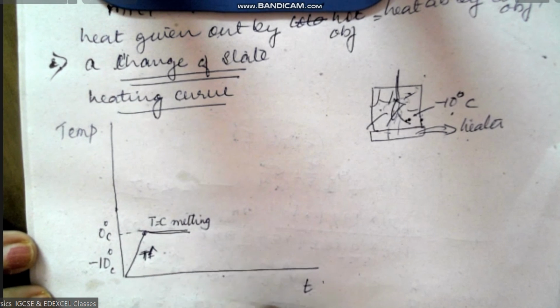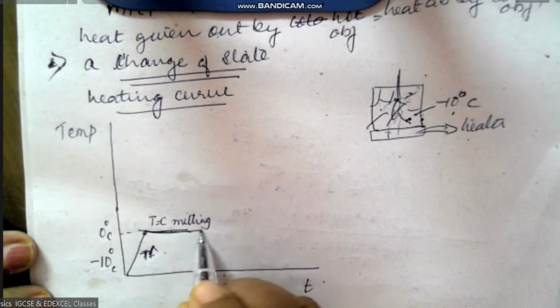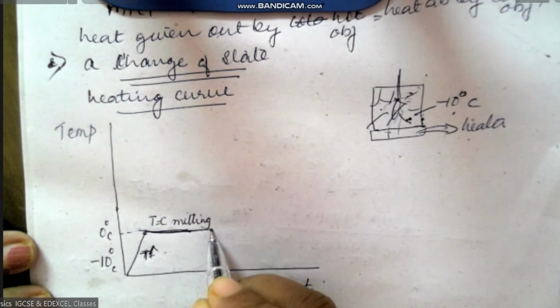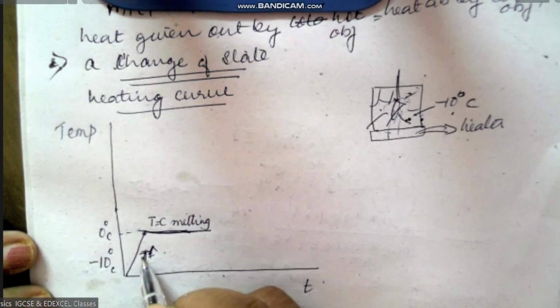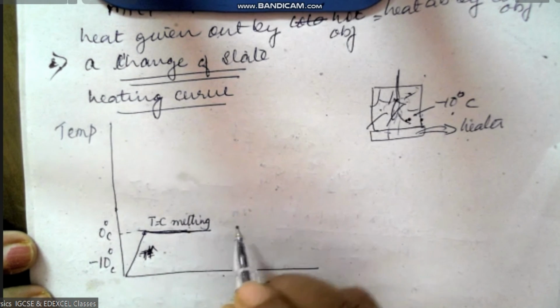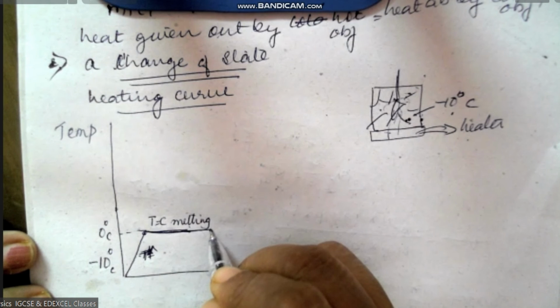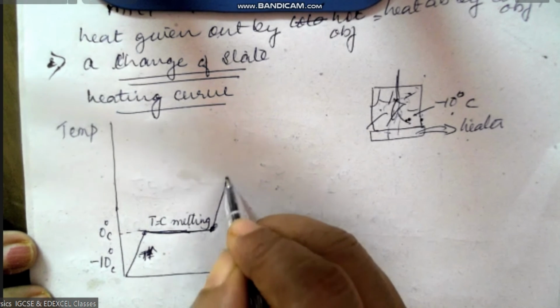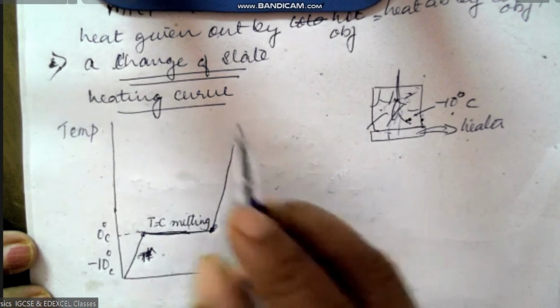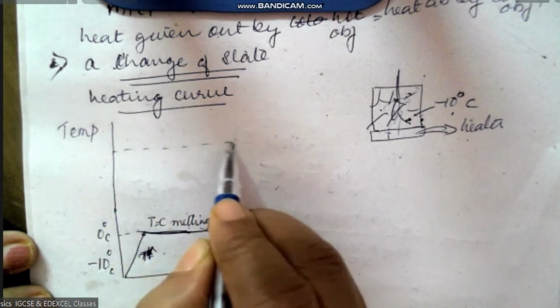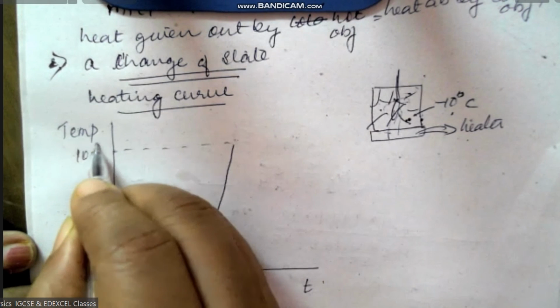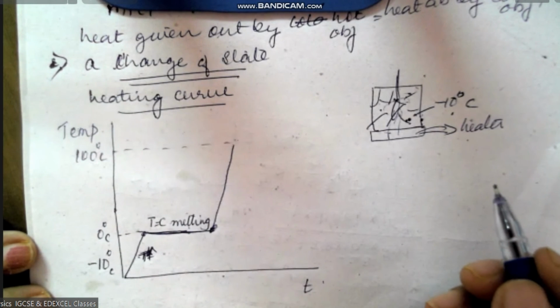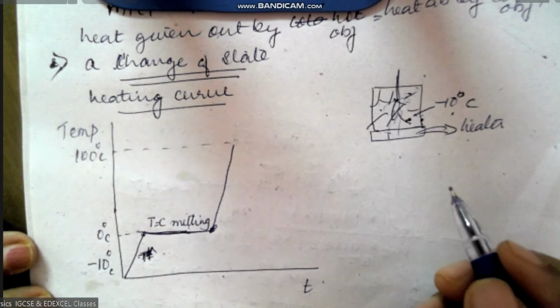Here, melting happens. Melting is a change of state. Here, only the temperature is increasing. Then, when all the ice has turned to water, the temperature rises again until it becomes 100 degrees Celsius.